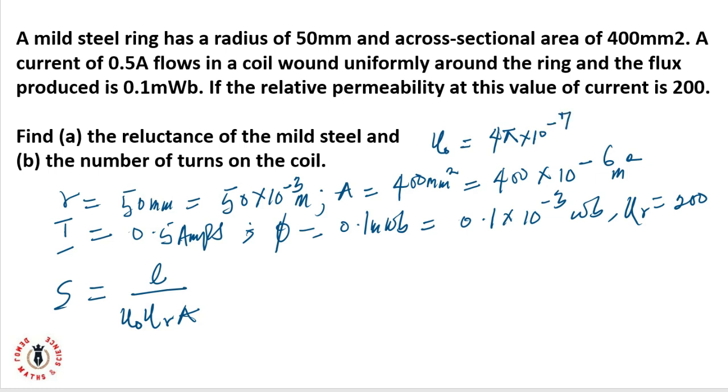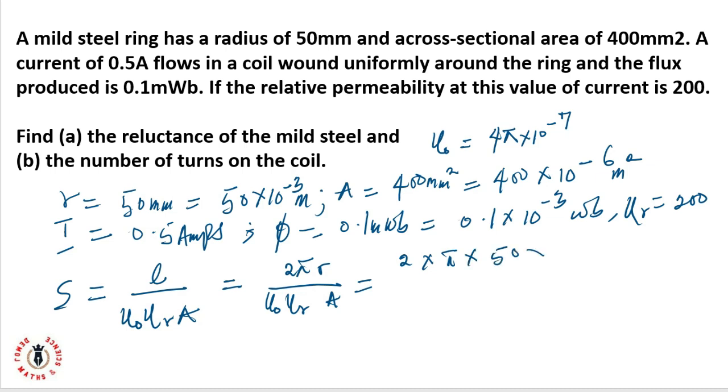Now, in this formula I can easily get my L, which is the length. The length will be the circumference of that ring, which is 2 pi r, over mu naught mu R A. We have mu naught already, we have mu R, and we also have A. Now let's input these figures. S equals 2 times pi times r.